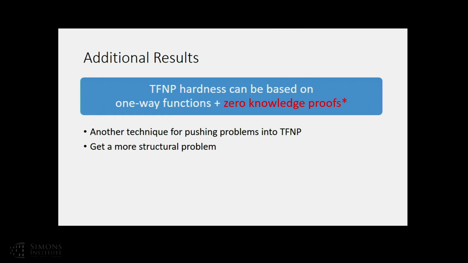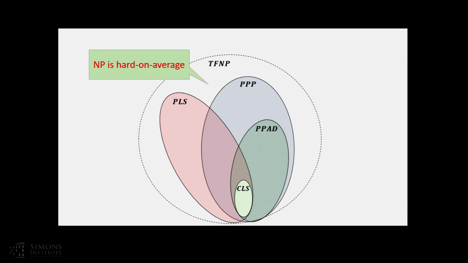And we actually show that we can get more properties, such as a problem that is hard based on these assumptions that has at most two solutions, as opposed to the barrier saying that you have to have many solutions. So hard on average NP seems to suffice for proving TFNP hardness. Thank you.